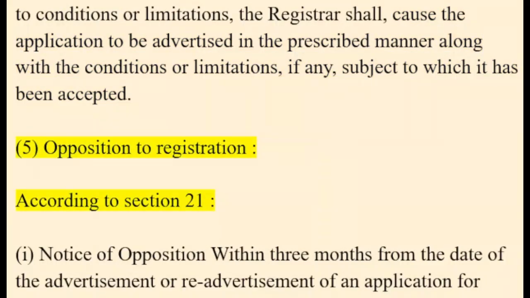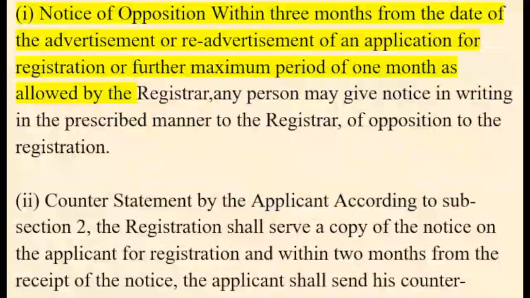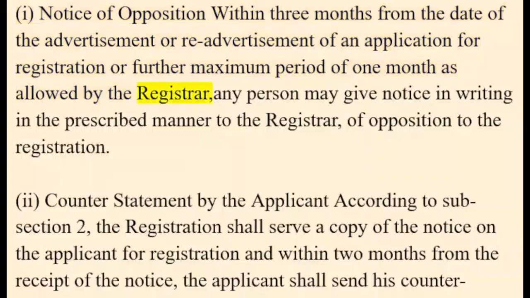Opposition to registration. According to Section 21, (i) Notice of opposition within 3 months from the date of the advertisement or re-advertisement of an application for registration, or a further maximum period of 1 month as allowed by the registrar.